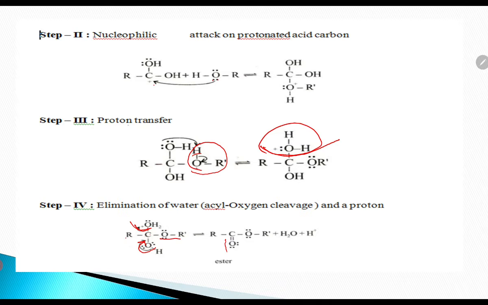The water leaves taking all the electrons, and that electron deficiency on the carbon atom is rectified by the hydrogen atom, which is eliminated as H+. In this way, we get RC=OOR' as the product. Ester is formed as the product.